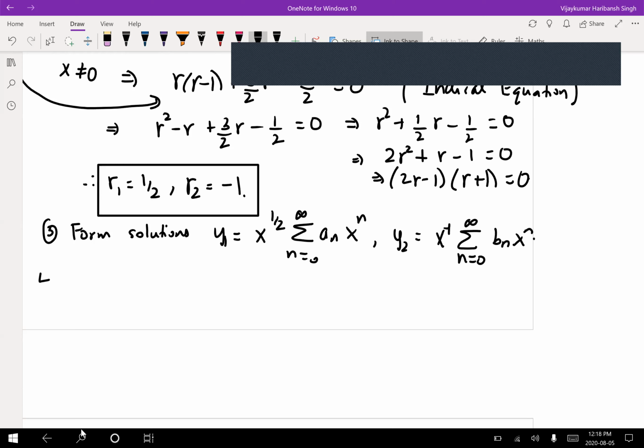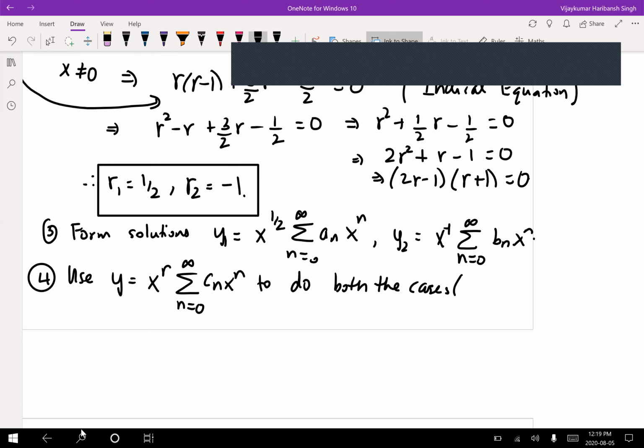Fourth step, use y equals x to the r summation n equals 0 to infinity c n x to the power n to do both the cases above, cases y1 and y2, at once, and then solve for r, and later put r equals half or r equals minus 1.